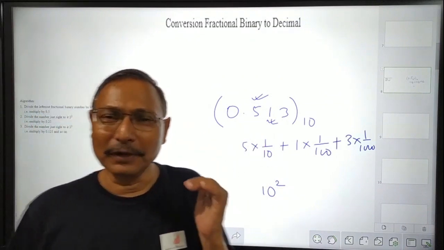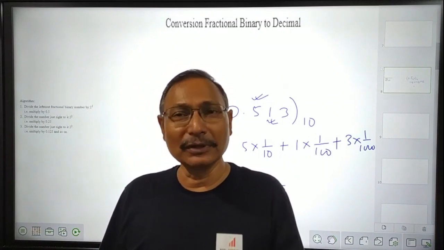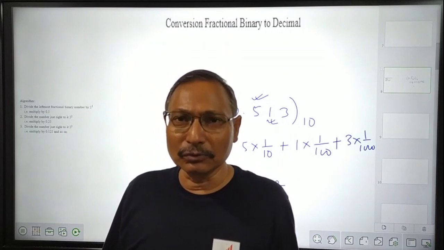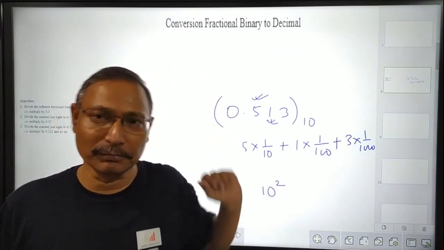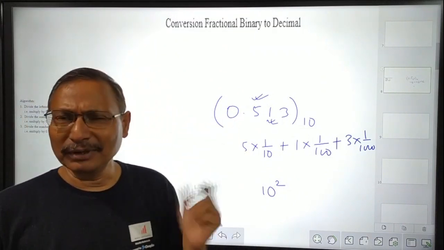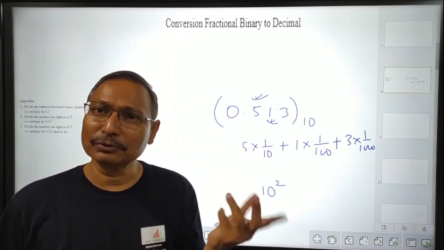This is the algorithm for binary numbers also. If the fractional part of a binary number is to be converted into the decimal system, we do the same thing, but in place of 10 we write 2. The leftmost digit may be 0 or 1, because we have only two binary digits.